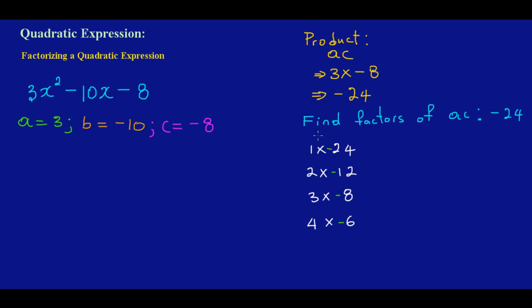Only one will. 1 times negative 24 will give me negative 24, but 1 plus negative 24 gives negative 23, so I will eliminate that one. 2 times negative 12 will also give me negative 24, and 2 plus negative 12 gives negative 10.